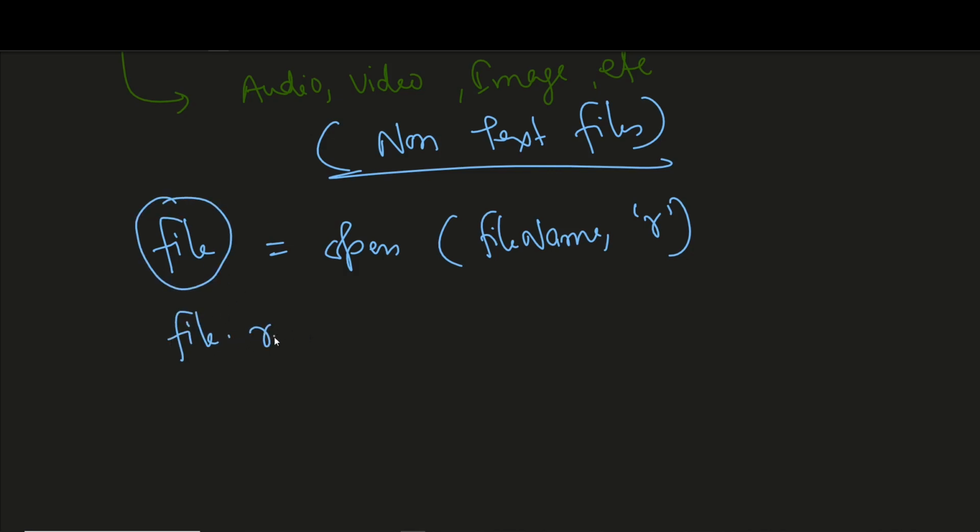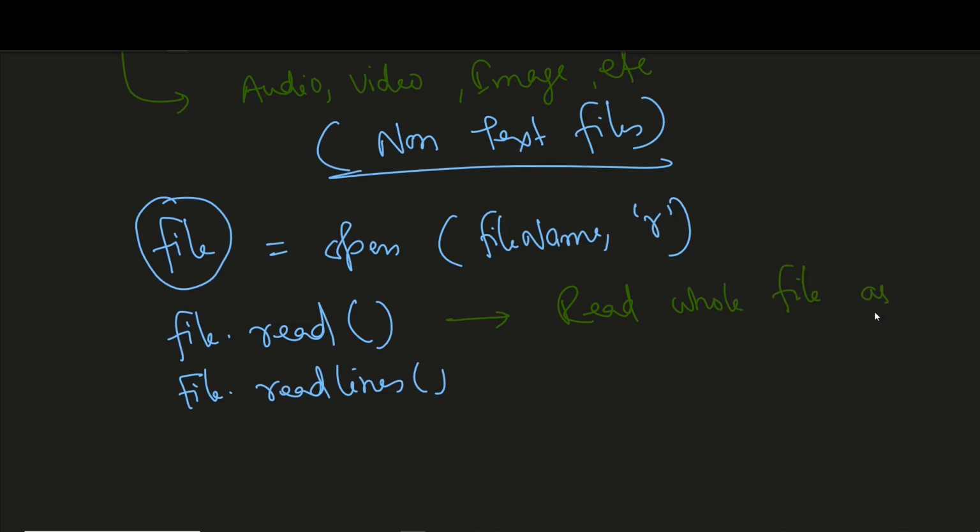So there are two methods basically. One is file.read and another one is file.readlines. So what is the difference between these two? File.read is going to read the whole file as a string, right?